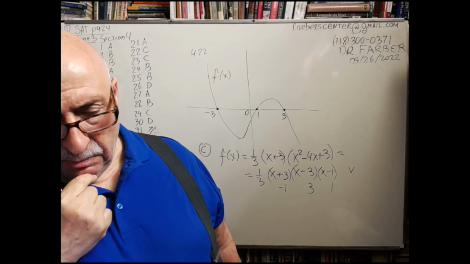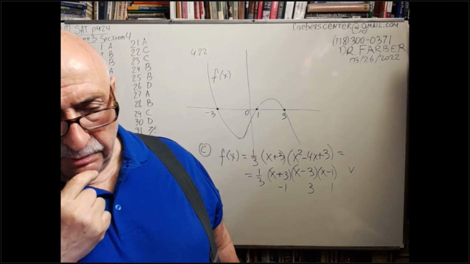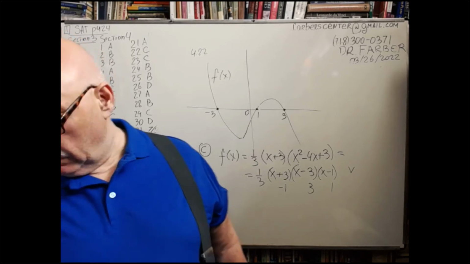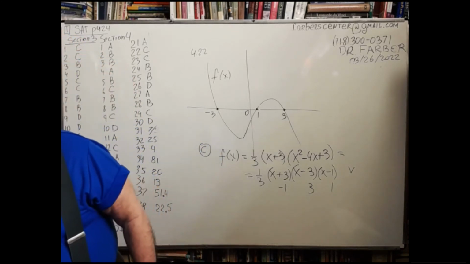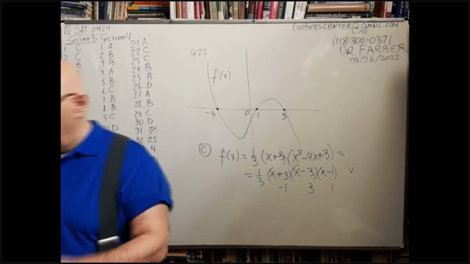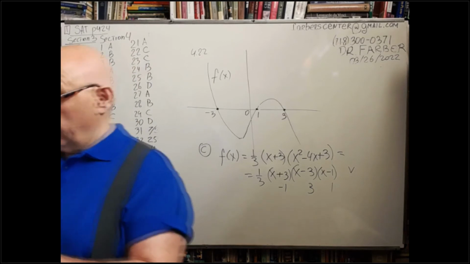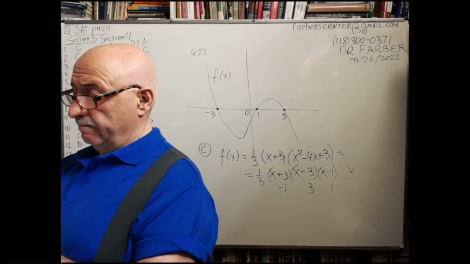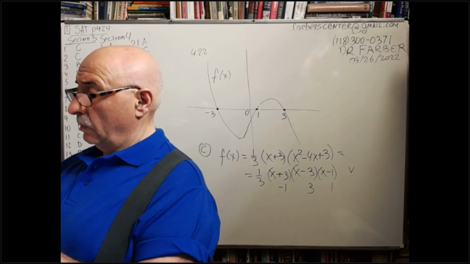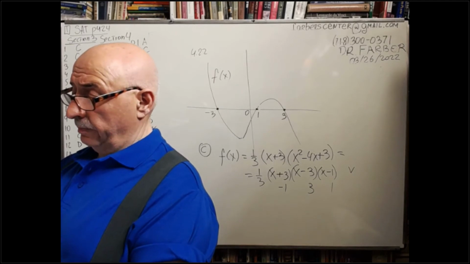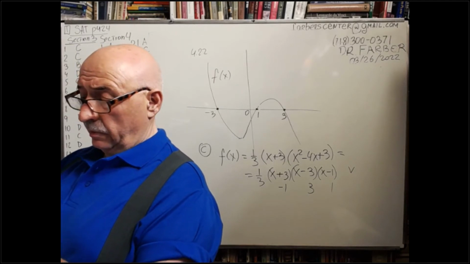Okay, Edison. Good, good. So this is 422. I will cross it out. Let me see if I don't miss anything. No, I did not.